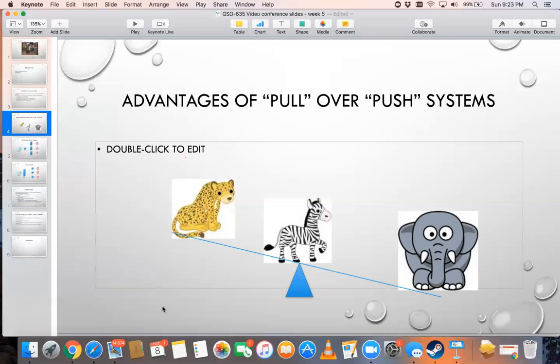They say, well, we move a lot of products through here, so we're going to make sure we have a lot of cheetah products in the system. We want to maximize profitability. So in a push system where you have a lot of stuff going through, you may be willing to go with large lot sizes. So the zebras have a centered inventory schedule, and the elephant will have a smaller inventory due to low movement.